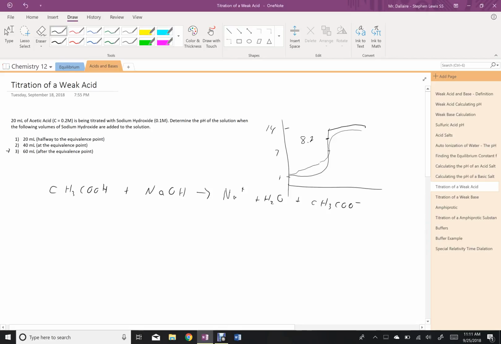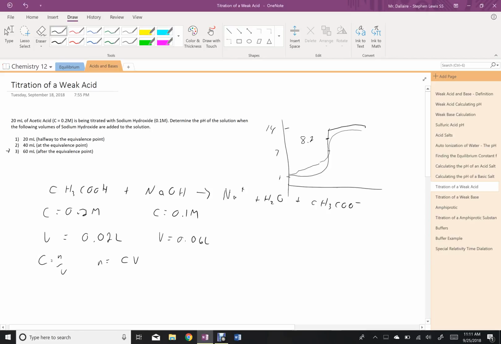goes to completion. So here we have 0.2 molar CH3COOH, and we have a volume of 0.02 liters, or 20 milliliters. And here we have a concentration of 0.1 molar NaOH, and we have a volume of 60 milliliters, or 0.06 liters. C equals n over V, so n equals CV.